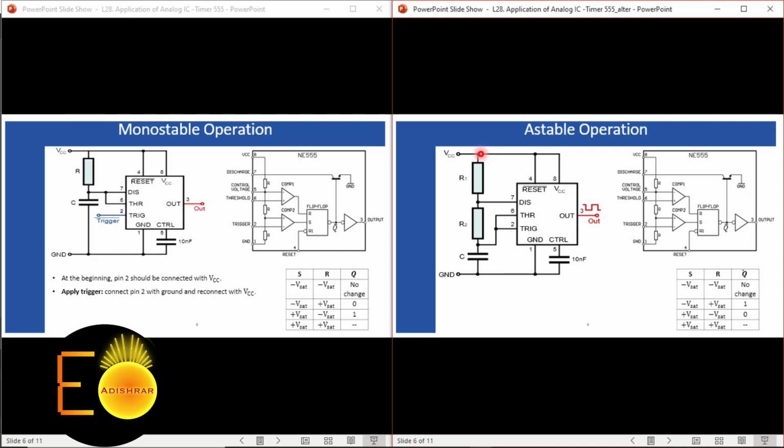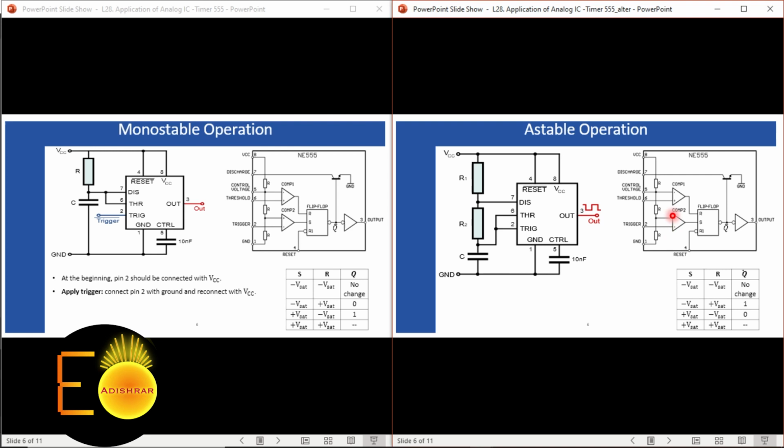So the current will flow through the resistor R1, since this path is disconnected, or a high impedance path I can say. So the current will find the path through this R2, and here the threshold and this trigger, these two terminals, are the input terminals of the operational amplifier.